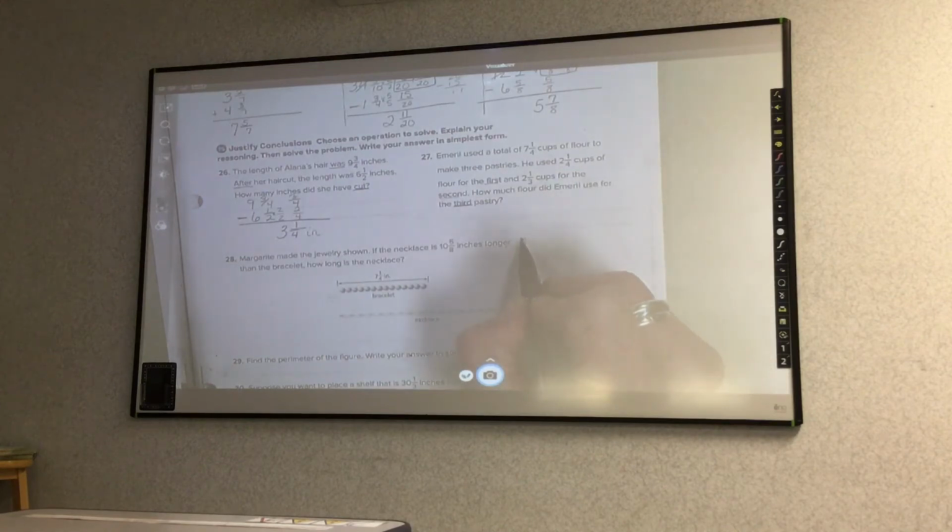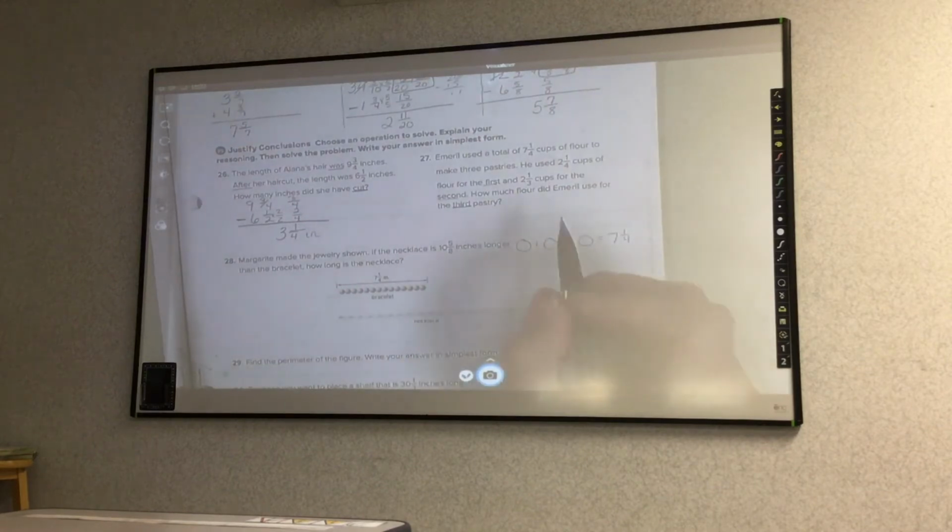I need to say pastry 1 plus pastry 2 plus pastry 3 equals the 7 and 1/4 cups of flour. So if pastry 1 was 2 and 1/4, pastry 2 was 2 and 1/3, we need to figure out what that amount is. If I'm having a hard time figuring out what that amount is by using mixed numbers, let's just put in some whole numbers and see if we can figure it out that way.